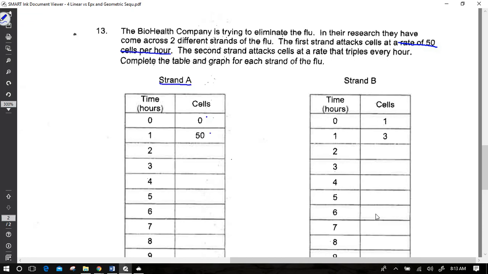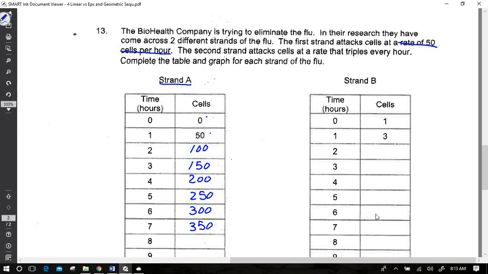And I can see in hour 0, there were 0 cells that were killed or attacked, okay? In hour 1, we now have 50 cells that were attacked. How many cells would be attacked in hour 2? And so I would add 50. How about in hour 3? 150, 200, 250. So I want you to think about what kind of function this is.